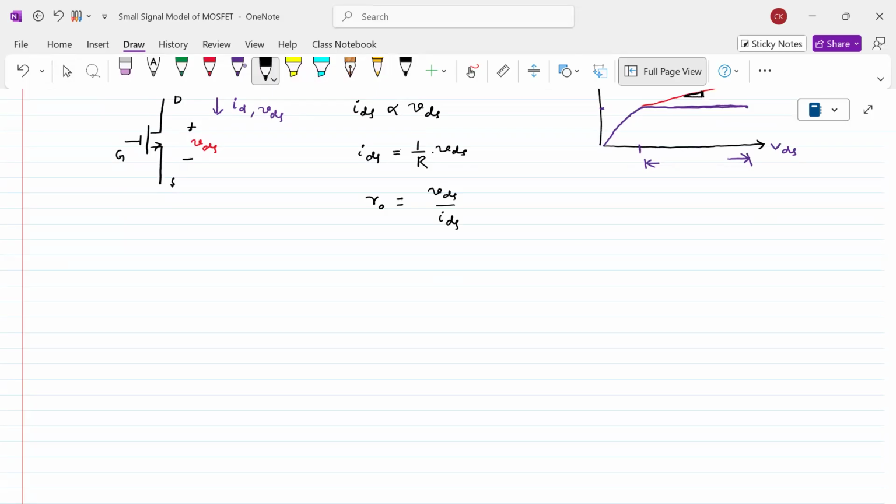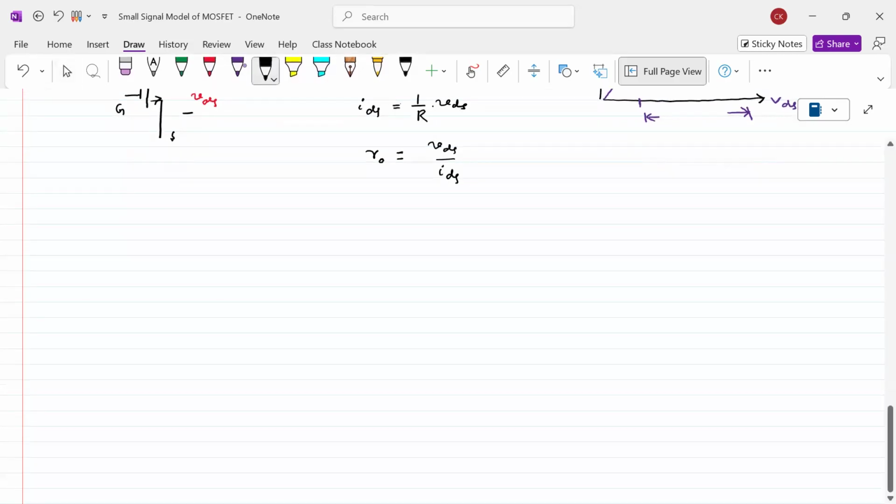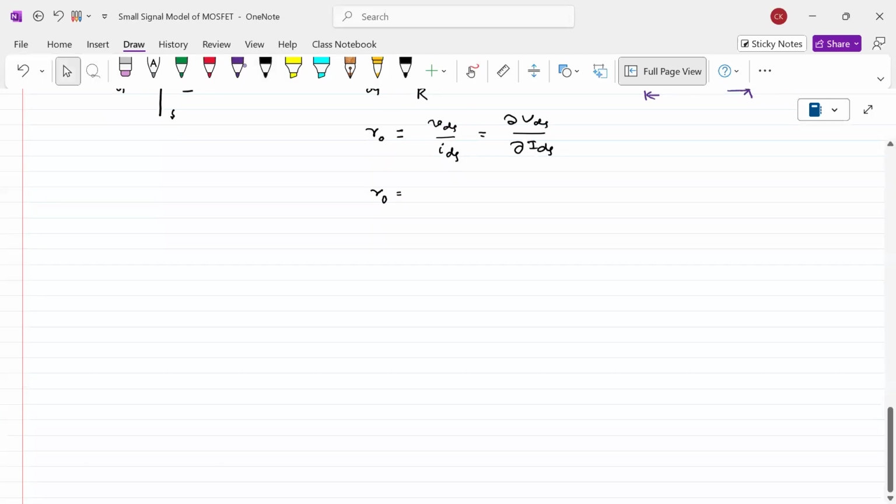Please remember that whenever I write small letters, it denotes changes. The real meaning is dou VDS divided by dou IDS. But we cannot calculate VDS with respect to IDS; we can calculate IDS versus VDS.